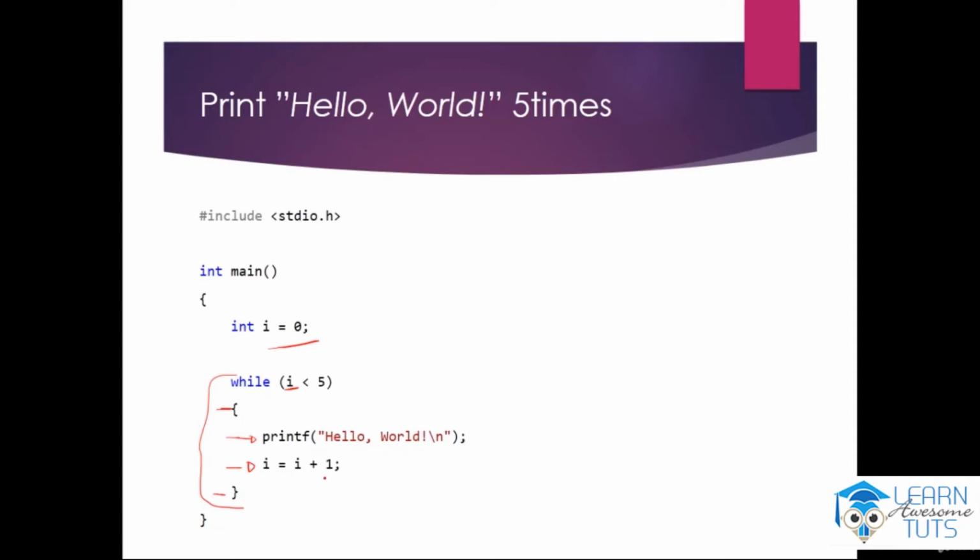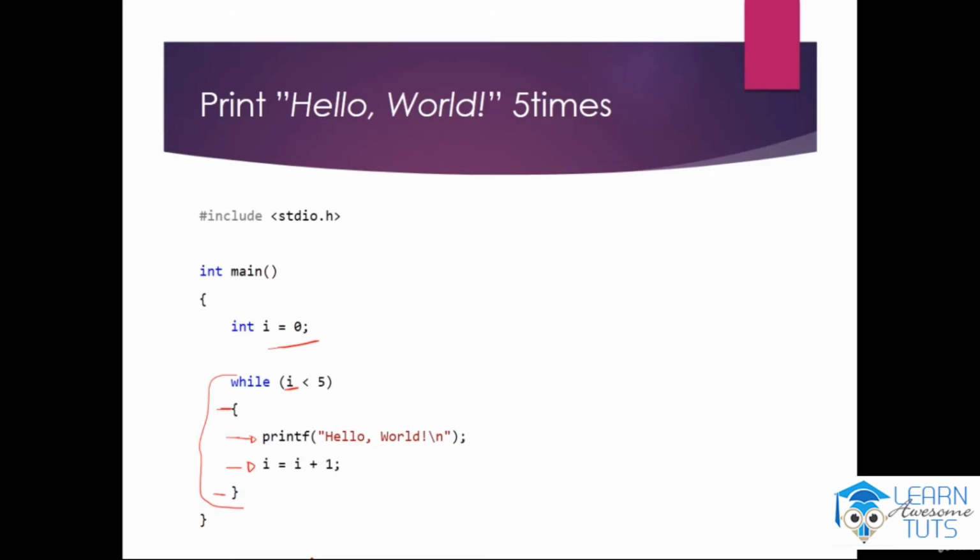The new value of I changes again to 2, so it's again less than 5, it will print again the message, then it will go to 3, which is less than 5, and this will continue until I is 5.